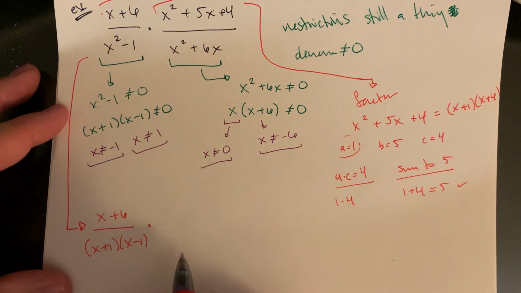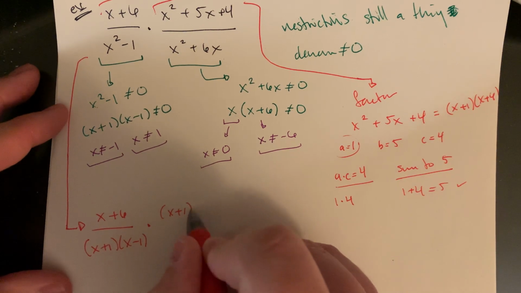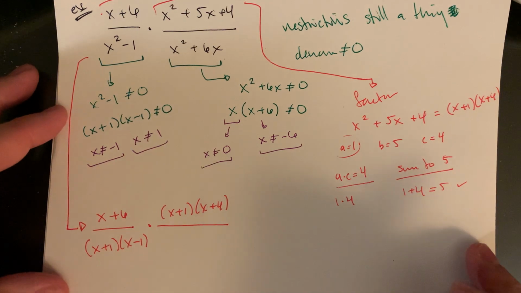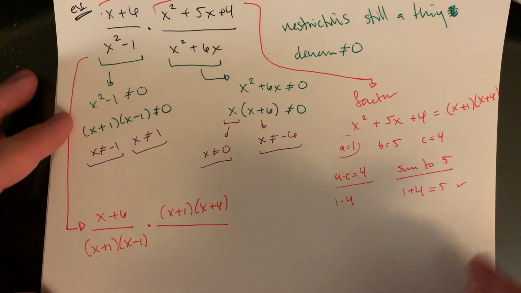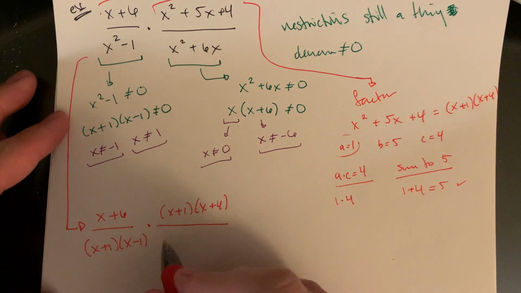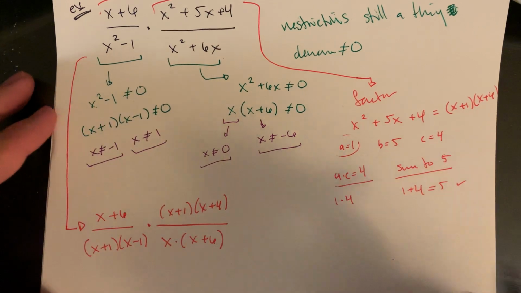The numerator up top, x plus 1 times x plus 4, over, what's our denominator? X squared plus 6x. So that was a single x times x plus 6.